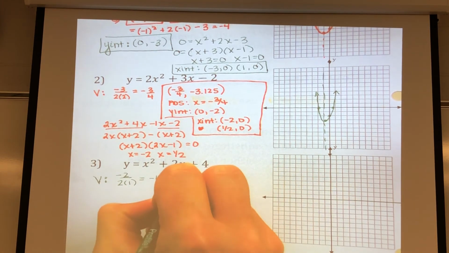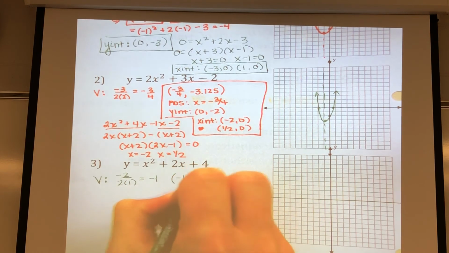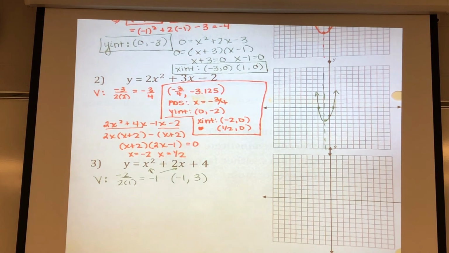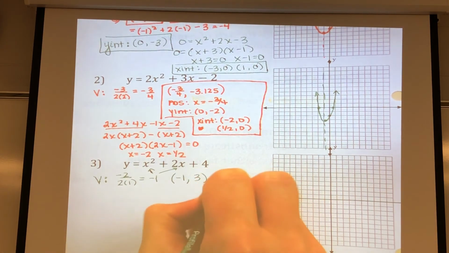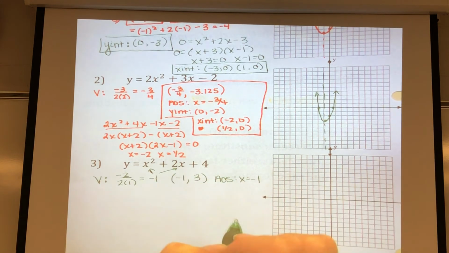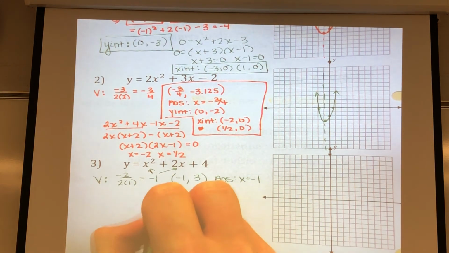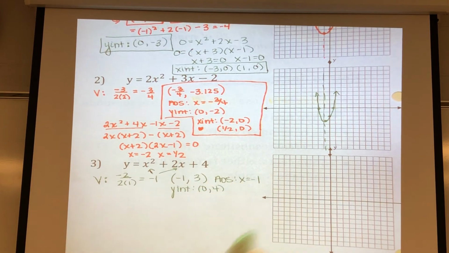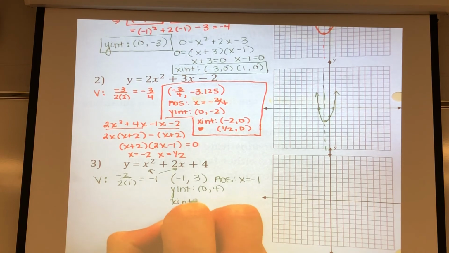So our vertex is going to be -1, 3 after we substitute the -1 in for both of those x's. That means our axis of symmetry is x equals -1. So we have those 2 things, then our y-intercept, 0, and then our c value. And then we need to find our x-intercepts.